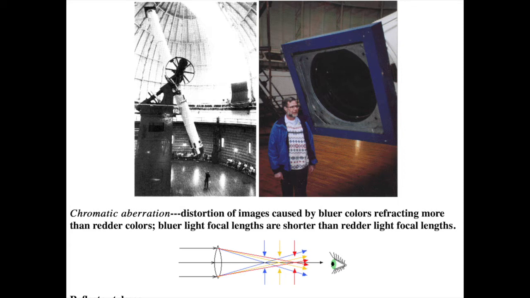The first disadvantage of a refractor telescope is an effect called chromatic aberration, or color distortion, that is caused by different colors of light focusing to different points behind the objective. A rainbow of colors is produced around the image.